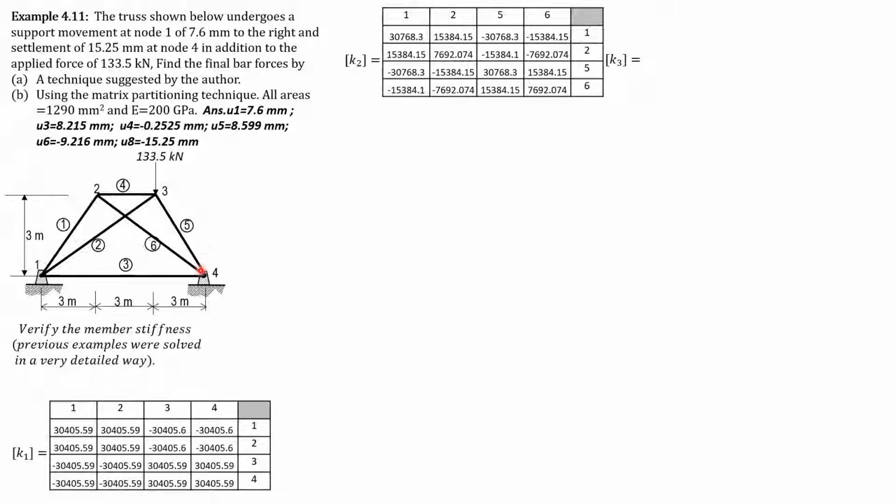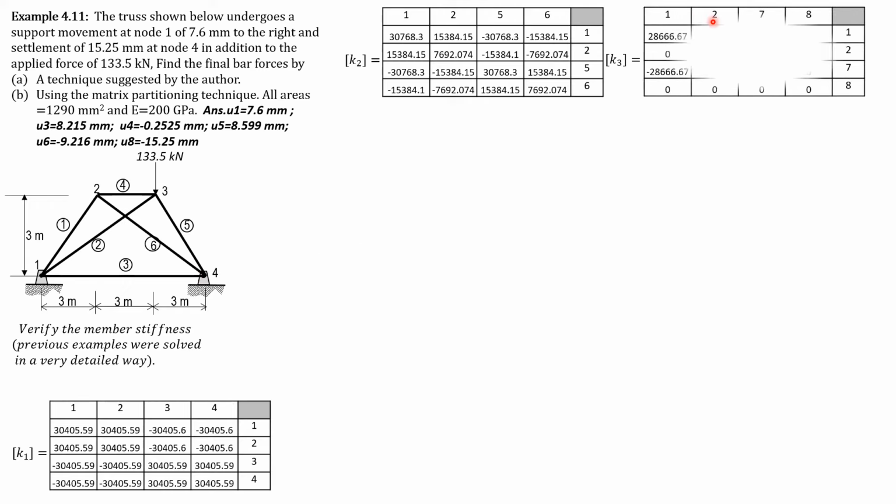K3, number 3 is just horizontal. The cosine is 1, 1, 2, 7, 8. So cosine is 1, sine is 0. So that's why there's only value here, 1, 1, and 1, 7, 7, 7, then 7, 1.